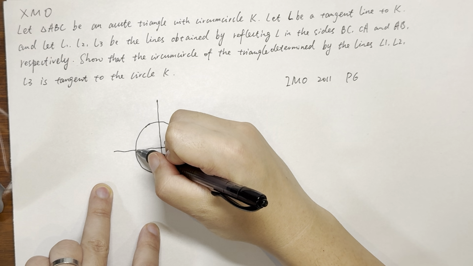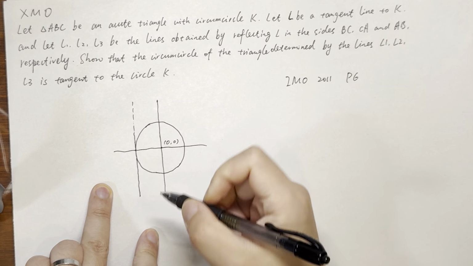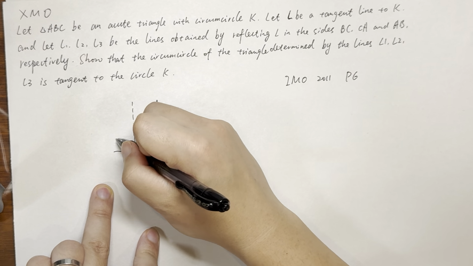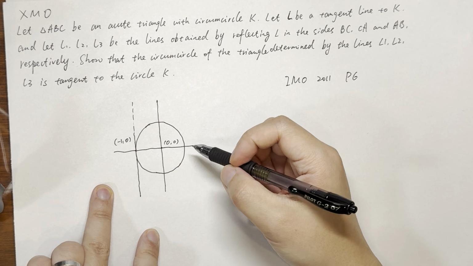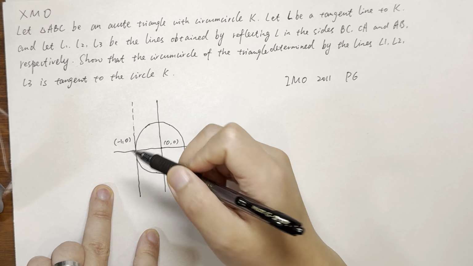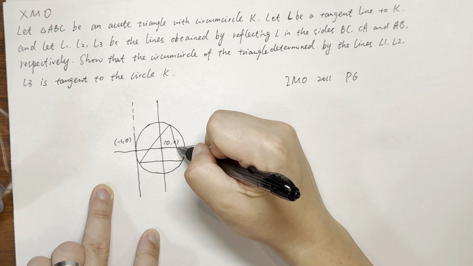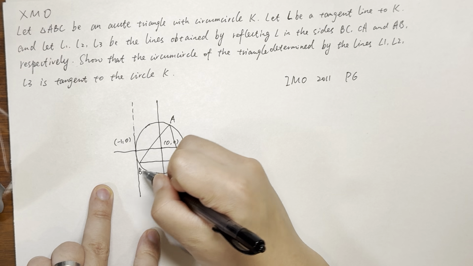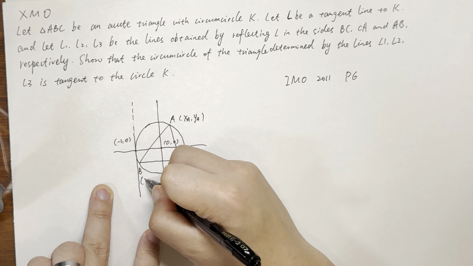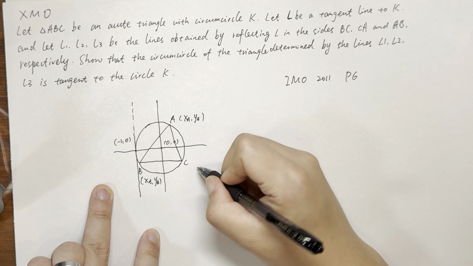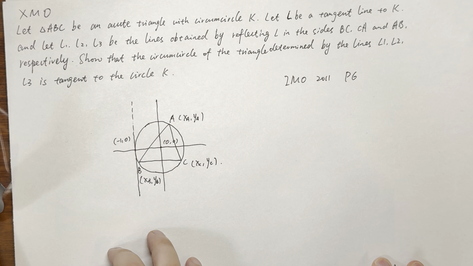And we can just force the tangent line to be this one, through (-1, 0). That's easier for us to do the calculation. And now we arbitrarily choose a triangle A, B, C, with coordinates (XA, YA), (XB, YB), (XC, YC).